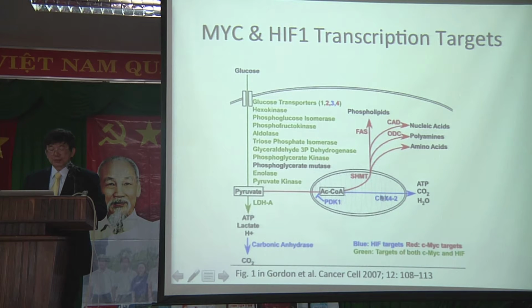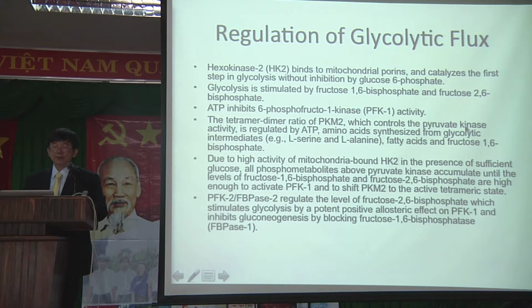COX-4 is regulated by HIF only. For MYC, you can see fatty acid metabolism, nucleotide metabolism, polyamine metabolism, amino acid metabolism. Especially glutaminolysis and fatty acid synthesis are regulated by MYC only, not HIF. That is one of the major differences between the regulation of metabolism by HIF1 and MYC.